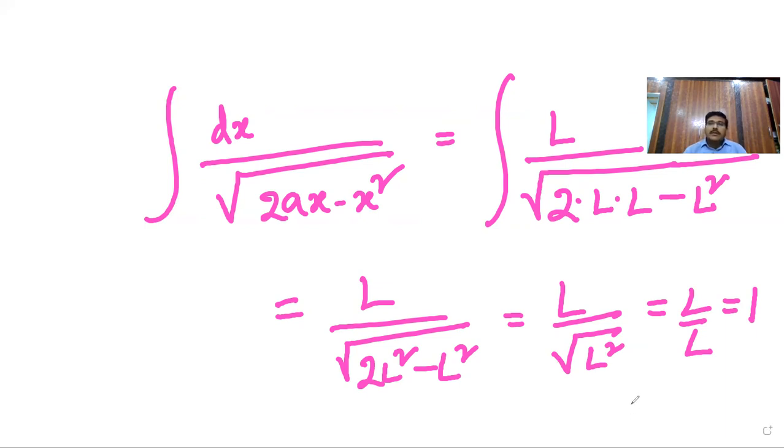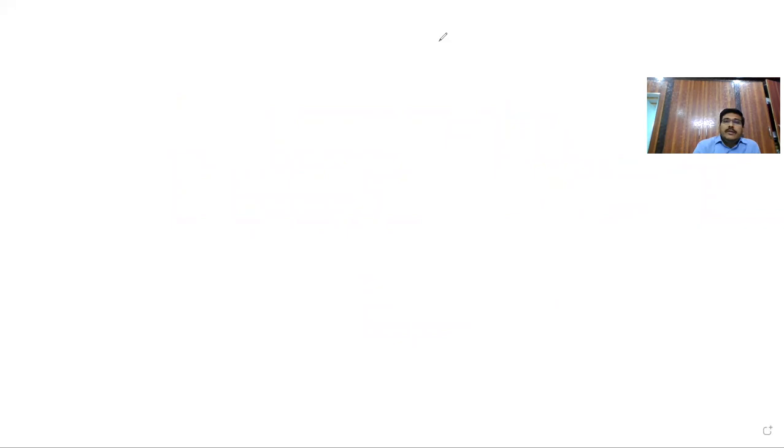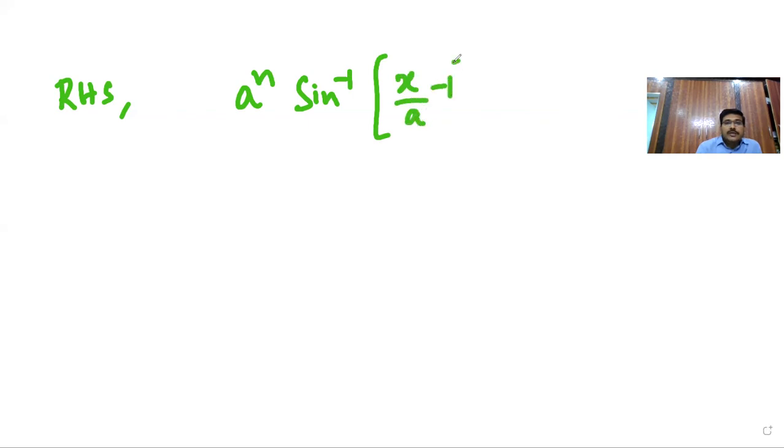Let us see the right hand side. What is the expression on the RHS? Given is a to the power of n sine inverse of x by a minus 1.